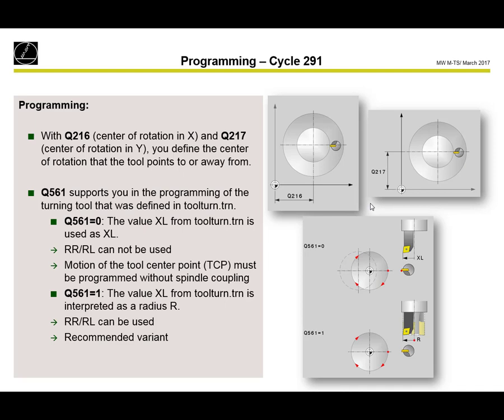And because of this, if you use a turning tool, you should use this parameter with setting number 1. Otherwise, it could be that the movement is not correct. But this parameter is only important if the tool is defined as a turning tool in the tool turn. If it's defined as a milling tool, then you can use it normally without this parameter inside.